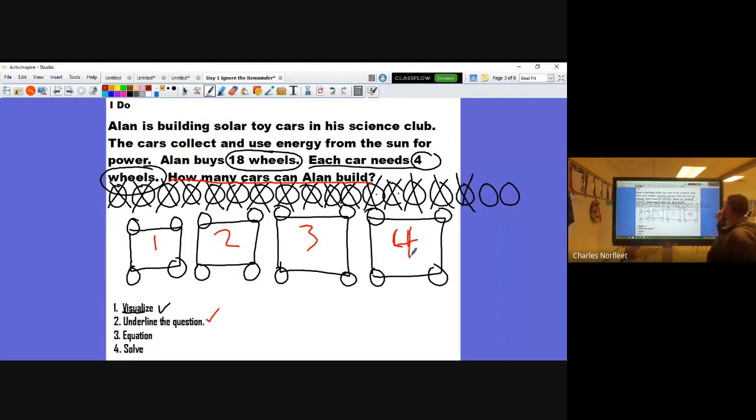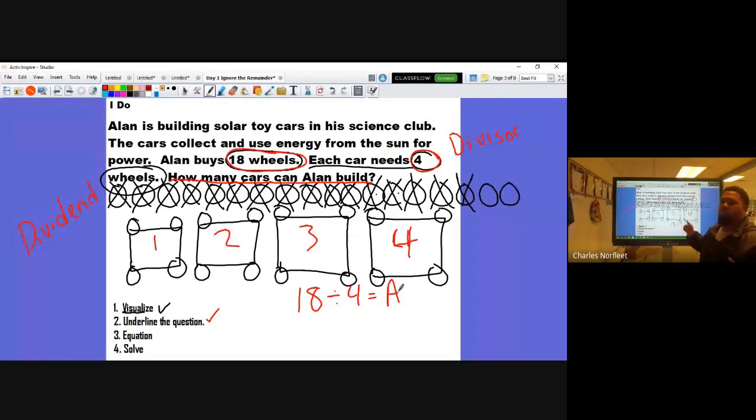So the equation here is the total number, and you guys remember we talked about the vocabulary last week, the total number, which is the dividend, and we're going to divide that by the number of groups, which is called the divisor. So our equation should look something like 18 divided by 4 is equal to A.